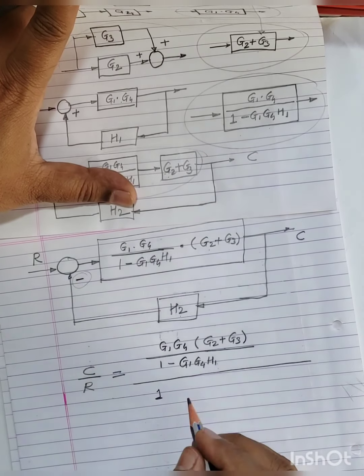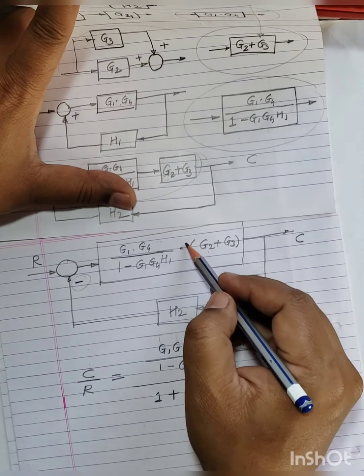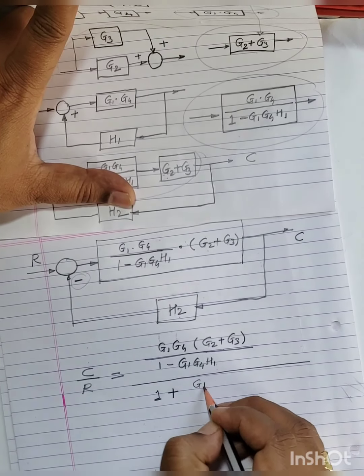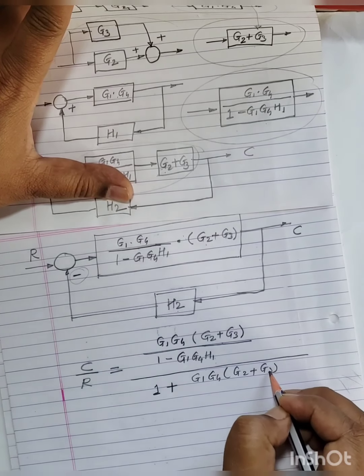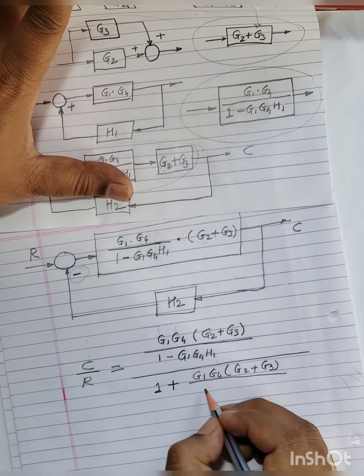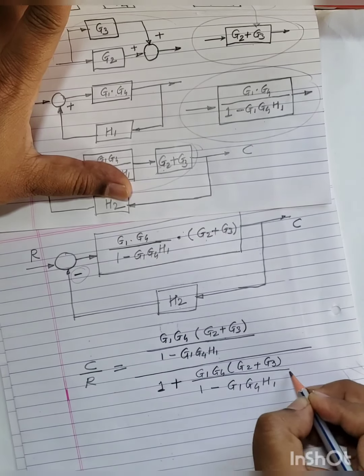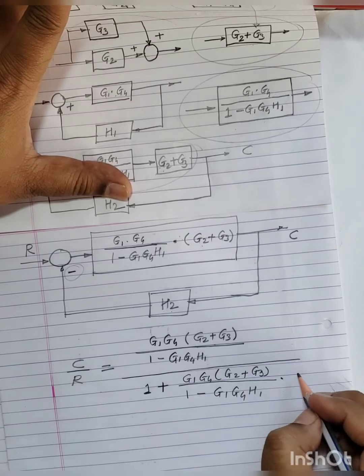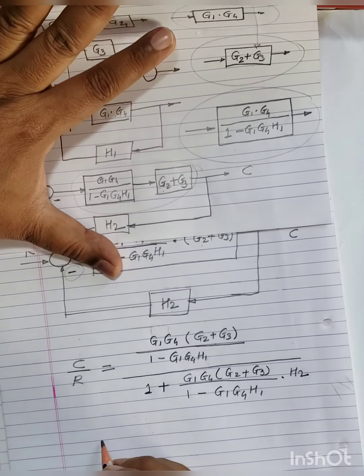I see this symbol, minus is there, I will write down plus, and the multiplication of both the blocks. So what is the multiplication of both blocks? I will write it down. H1 into H2.